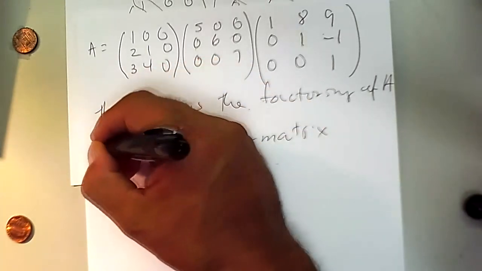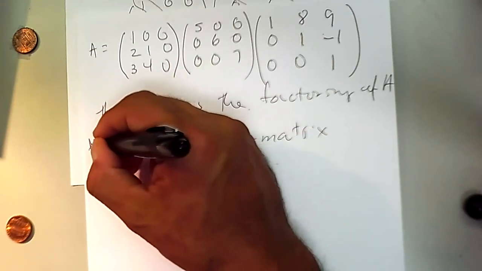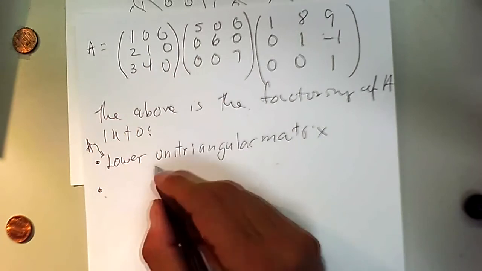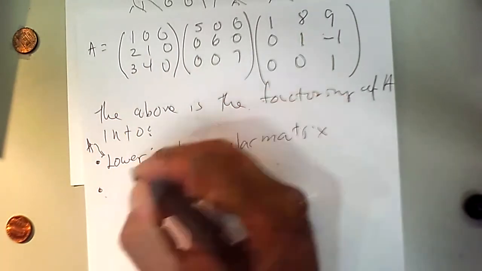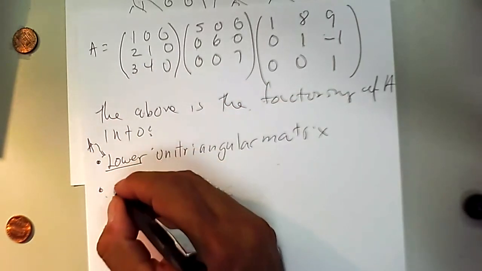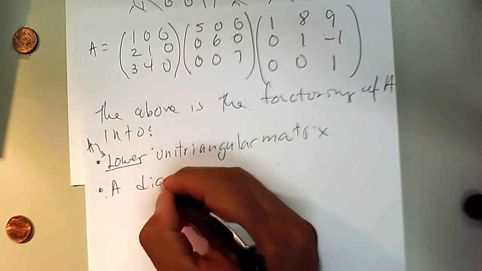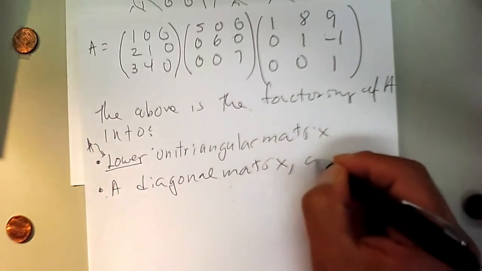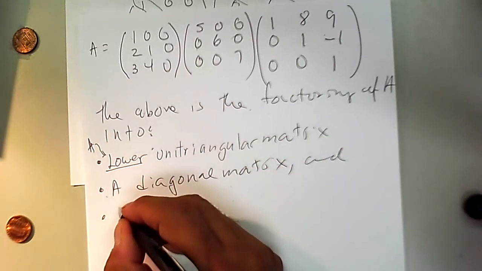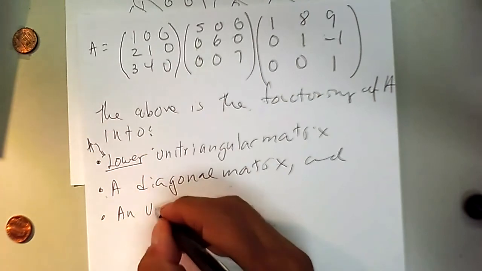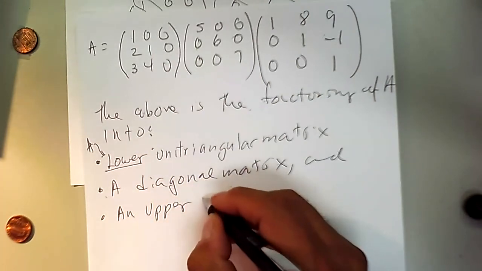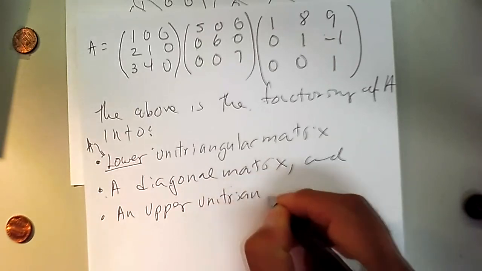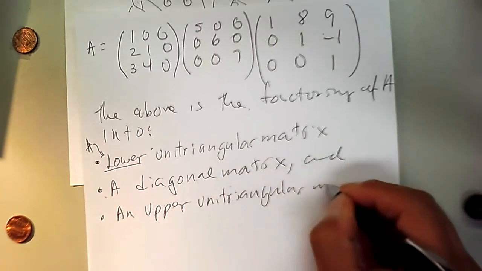A lower unit triangular matrix, a diagonal matrix, and an upper unit triangular matrix.